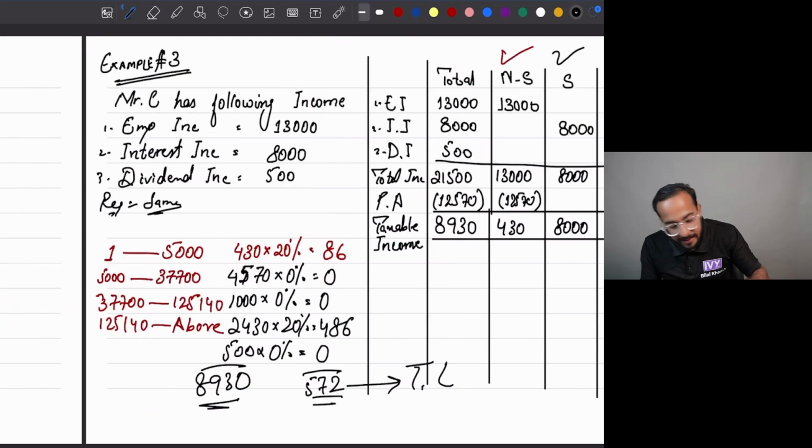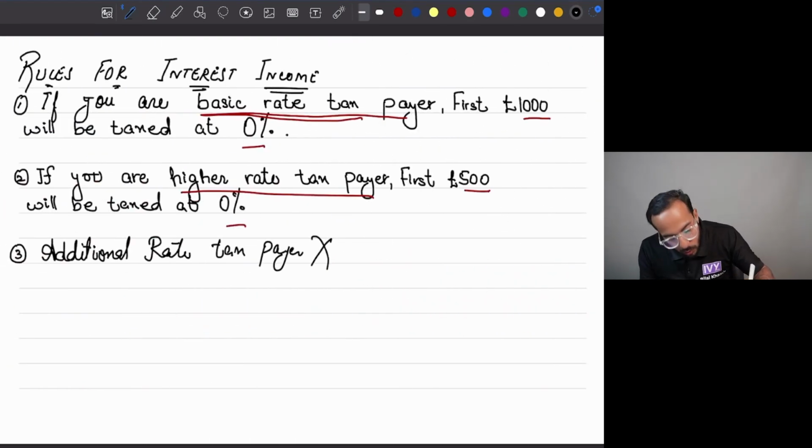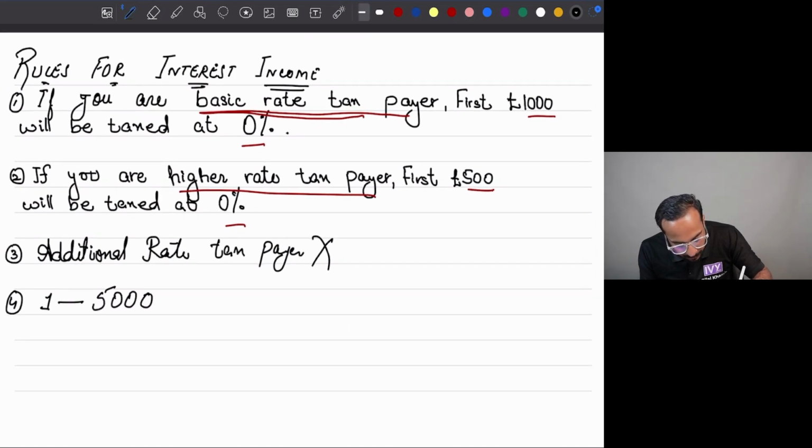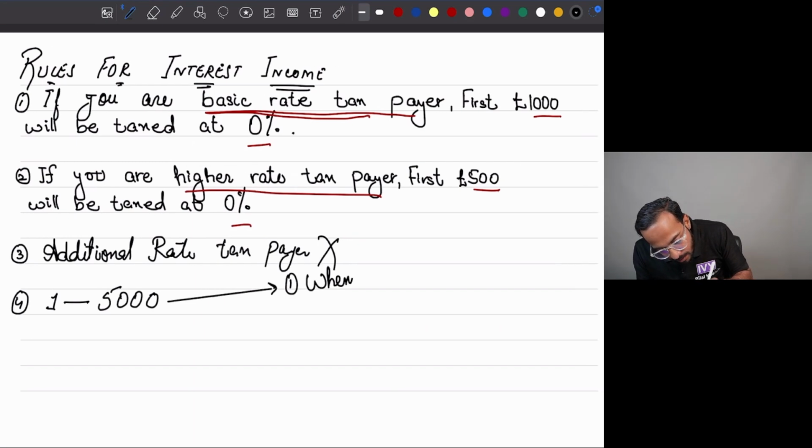Now for you guys, I'm writing the last rule of saving income: the 1,000 till 5,000 band. First question: when is it opened?